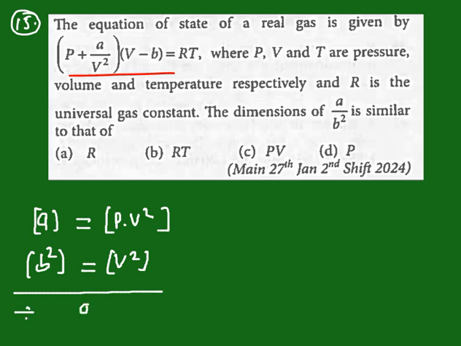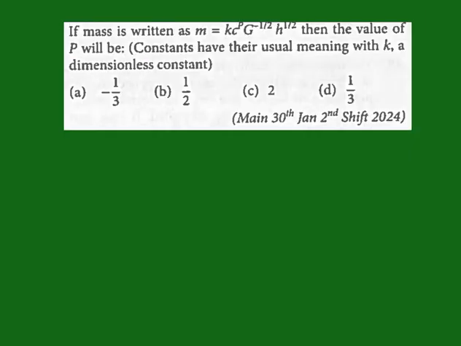Dividing these two, the dimension of a by b square we get here is the dimension of p. So this is the answer, option number D. Come to the question number 16.